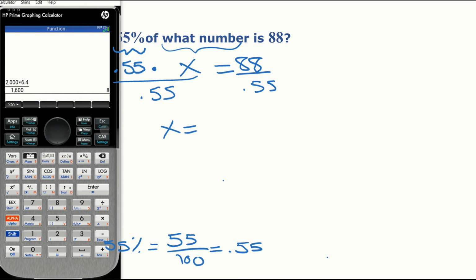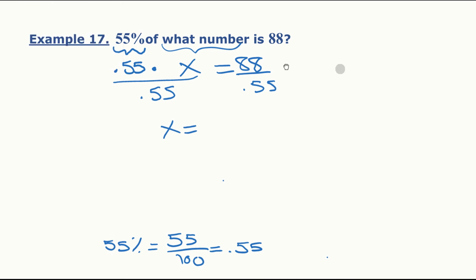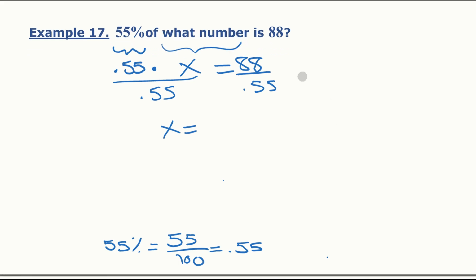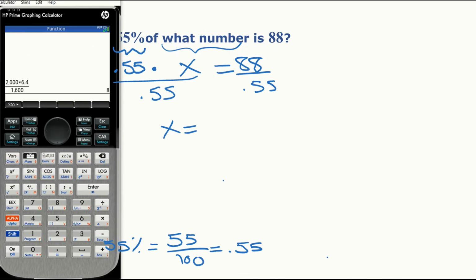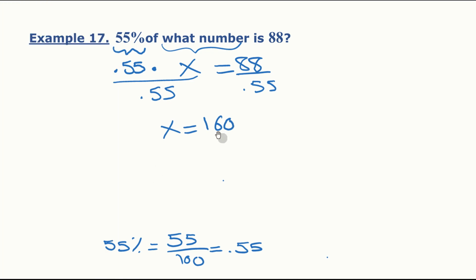Correction. We're doing this calculation: 88 divided by 0.55, so we get 160. So 55% of what number is 88? 160.